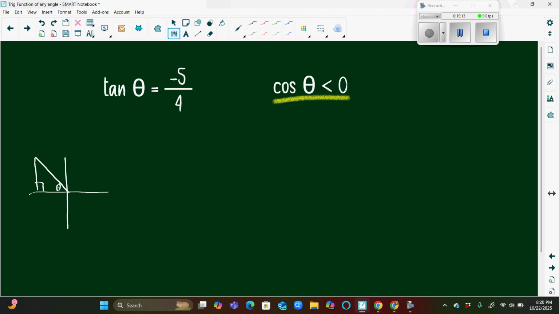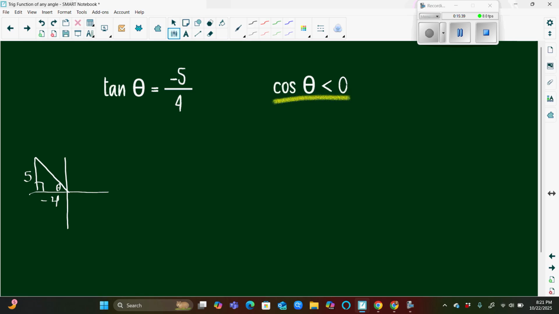Now here's where you have to be careful. Tan is negative. But because we're in the second quadrant, which one is going to be negative, the x or the y? Well, cosine is less than 0, so it's going to be the x. So positive 5 is going to go over here, and negative 4 is going to go down here. Because 5 divided by negative 4 will be the same thing as negative 5/4.